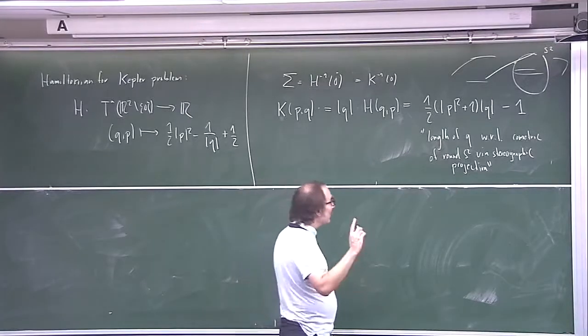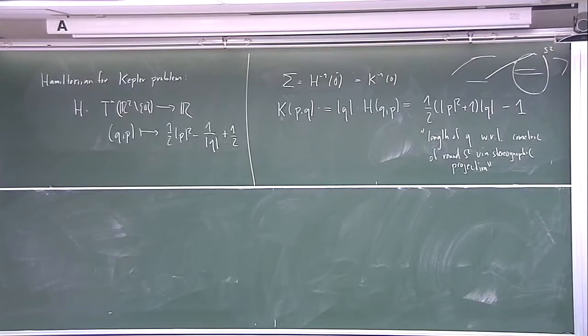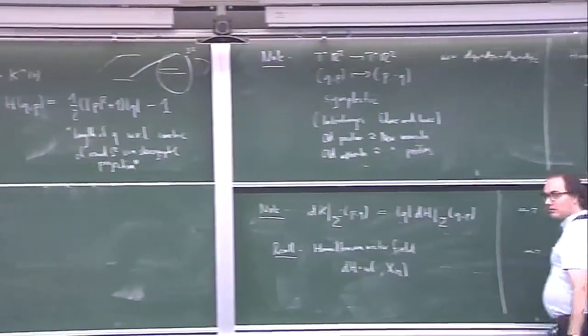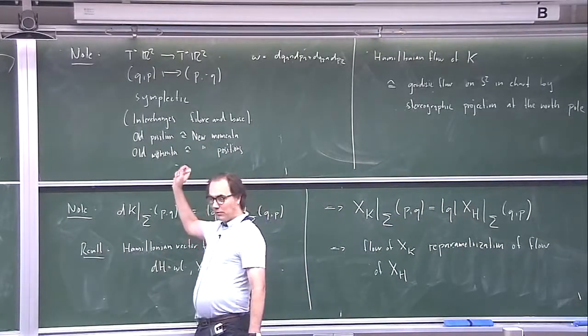So after reparameterization, the Kepler flow becomes the geodesic flow on S2 in one chart. This is not the whole flow on S2, because you're not allowed to go to the North Pole.